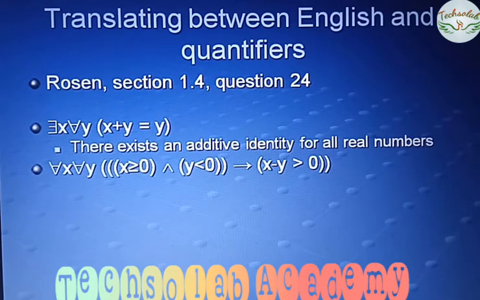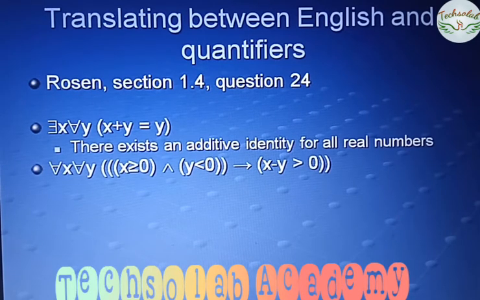The second one is for all x and for all y, that is, for all real numbers x, for all y that also belong to the real numbers. So x is non-negative and y is negative. This implies, it is to be noted, we use implies here because it is a universal predicate function.